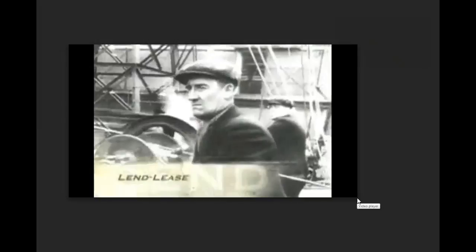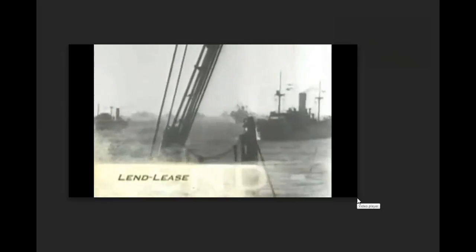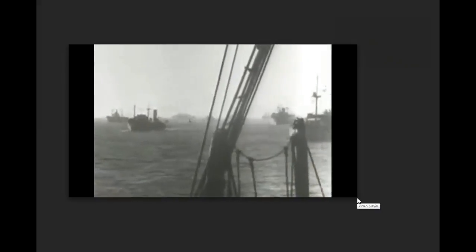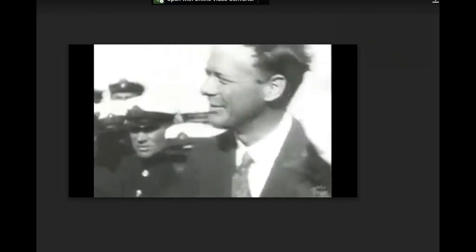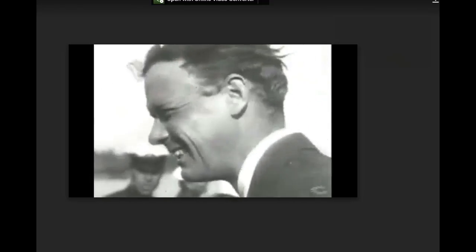With FDR's urging, Congress passed the Lend-Lease Plan, which allowed him to lend or lease arms and other supplies to any country whose defense was vital to the United States. Not all Americans were united in their support of the president, however. Charles Lindbergh, the first man to fly solo across the Atlantic in 1927, was a staunch opponent of America's involvement in the war.